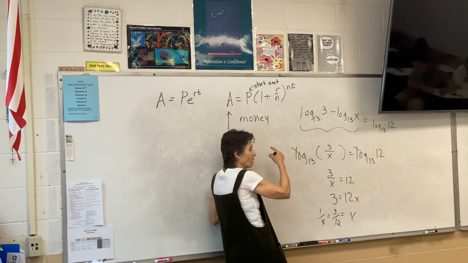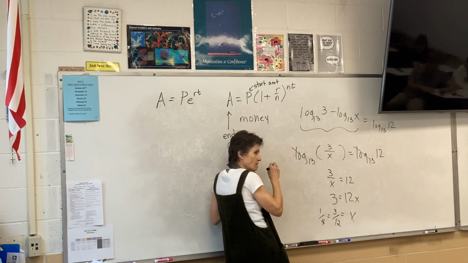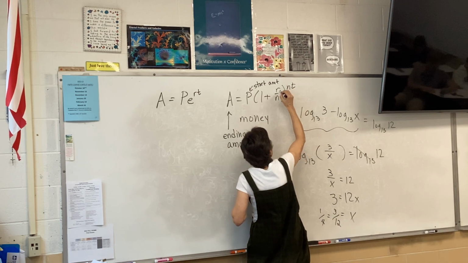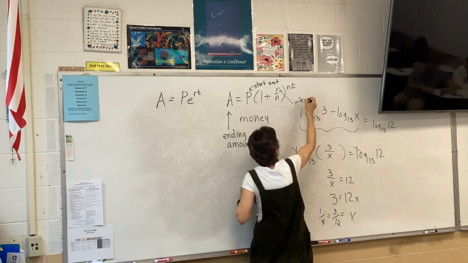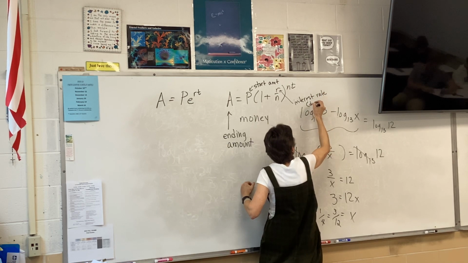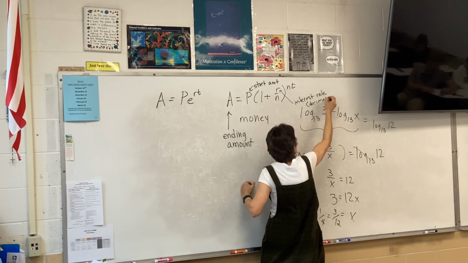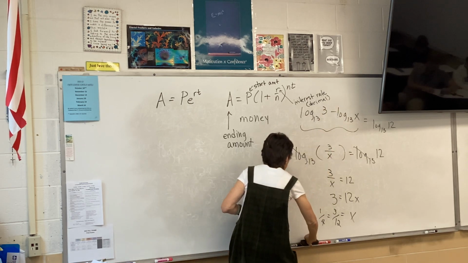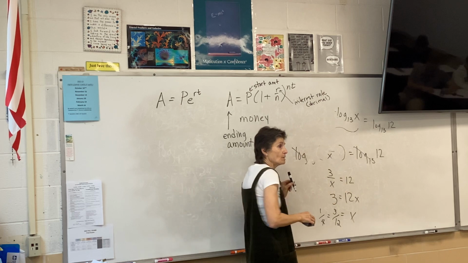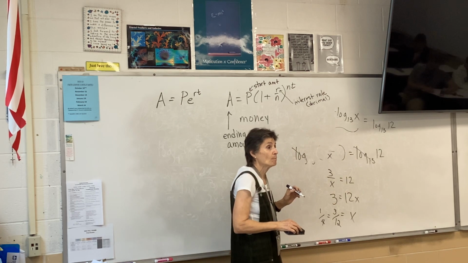This is a money problem. And guess what R stands for? The interest rate. So R is the interest rate. And always put it in as a decimal. So in other words, if the interest rate is 6%, you would put that in as 0.06.